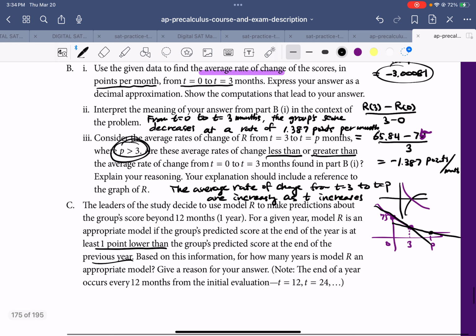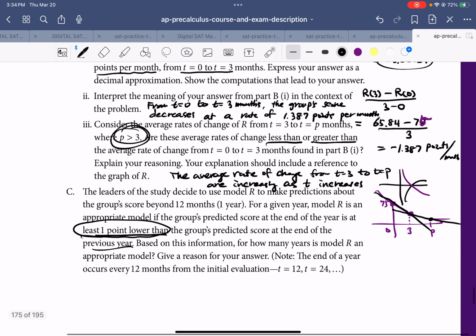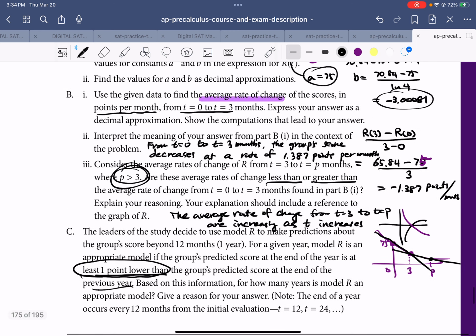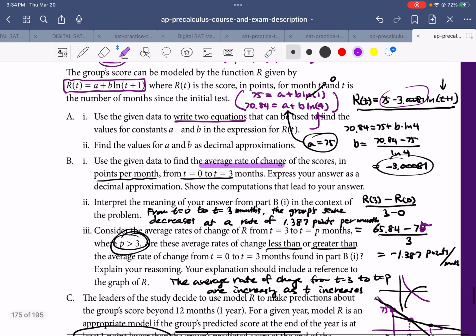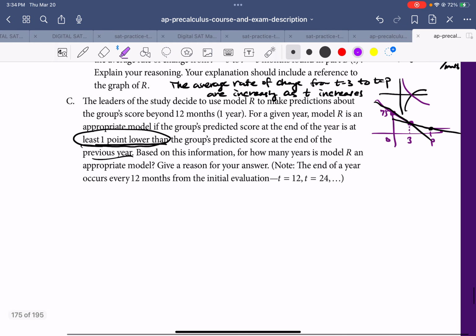So the key is at least 1 point lower, then it's valid. Based on this information, for how many years is model R appropriate? You can calculate using the R of t we found here, just typing it in the calculator.